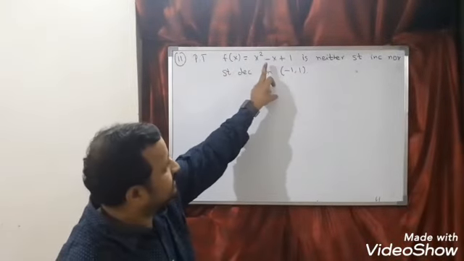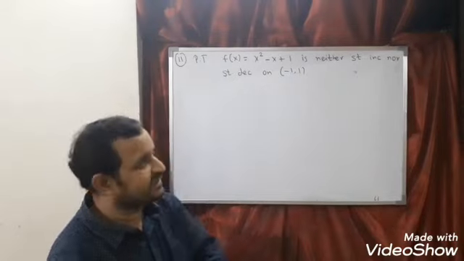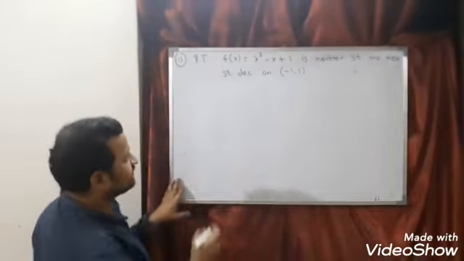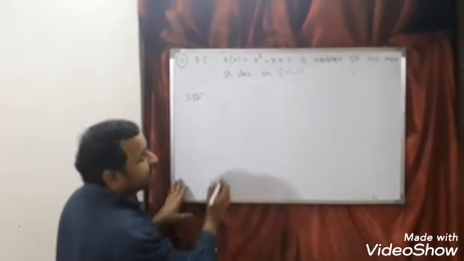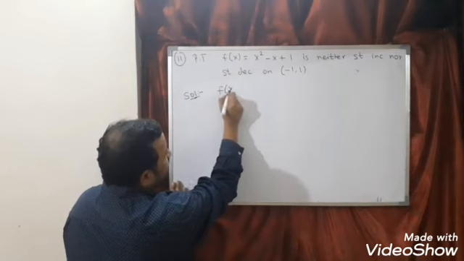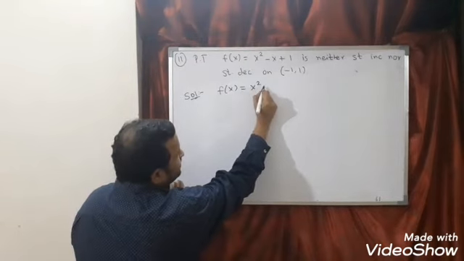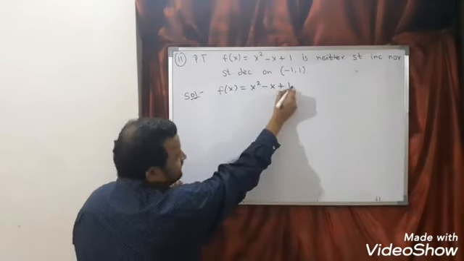So again same, apply the working rule. What is f of x? F of x is equal to x square minus x plus 1.